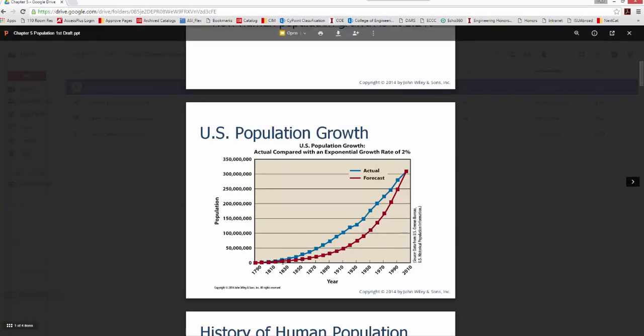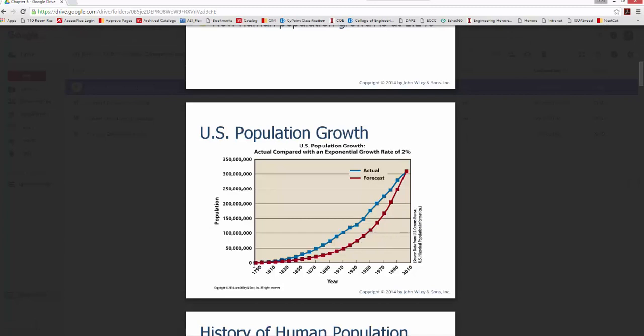And in fact, what do you notice? As we start out here back in 1790, just shortly after the birth of our nation, when a census was taken, we see that both the actual population growth and the forecasted population growth were running neck and neck. And you would expect that for lower levels of population.